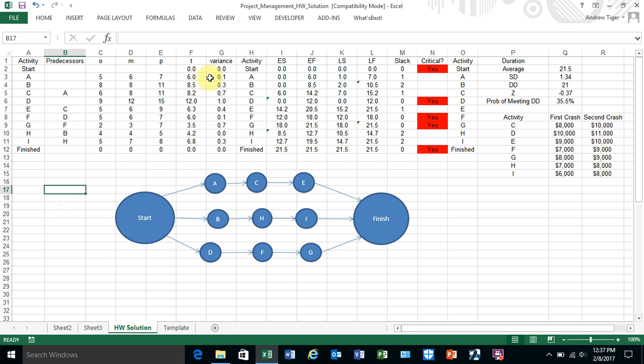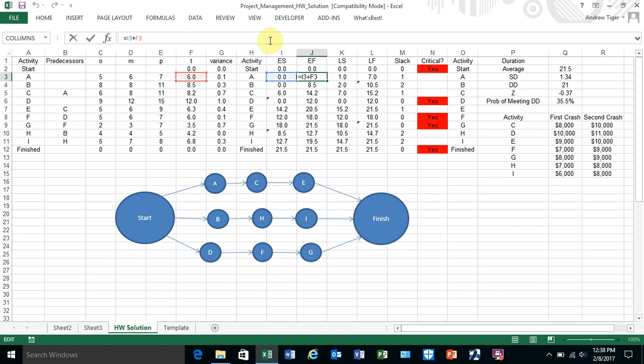So the first thing I did was calculate the average, which is a weighted average: 1 part optimistic, 4 parts most likely, 1 part pessimistic, divided by 6. You can calculate the variance: pessimistic minus optimistic, squared, divided by 36. The formulas for the earliest finish and the earliest start are formulas that you can copy down.